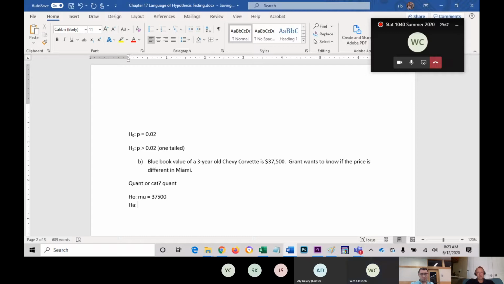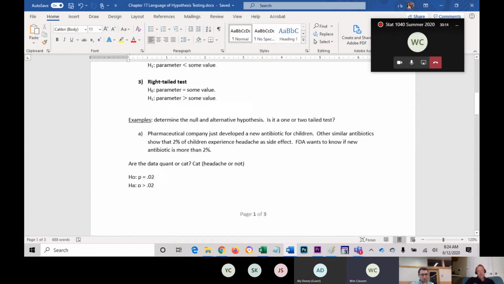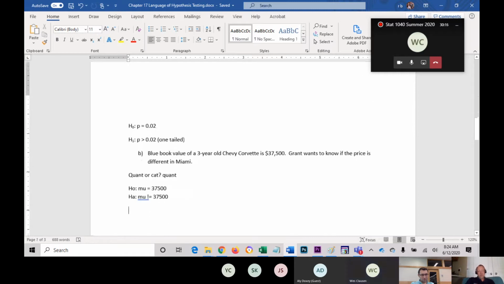And the alternative? Mu does not equal 37,500. So is this a one or a two-tailed test? This is a two-tailed test. Two-tailed test, yes.